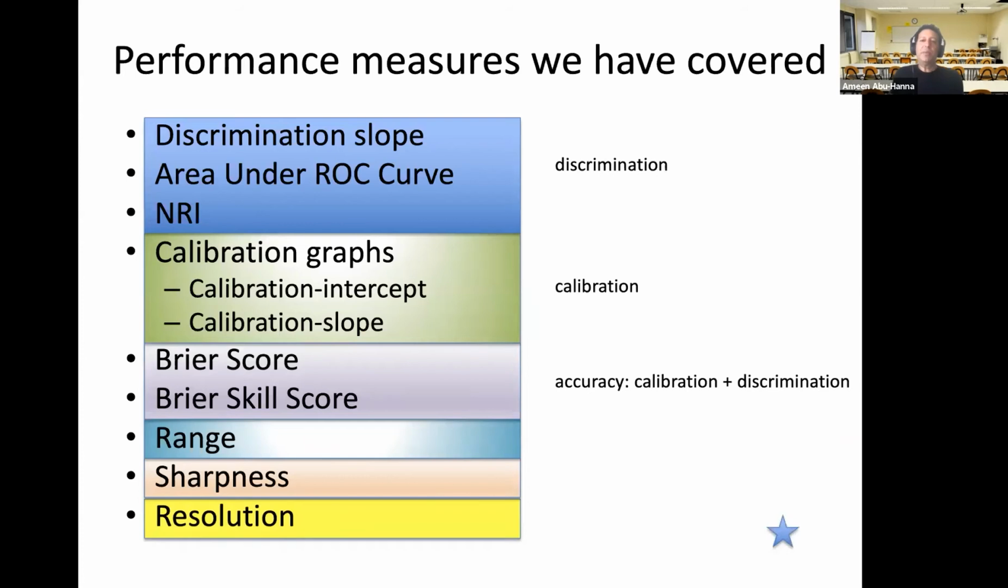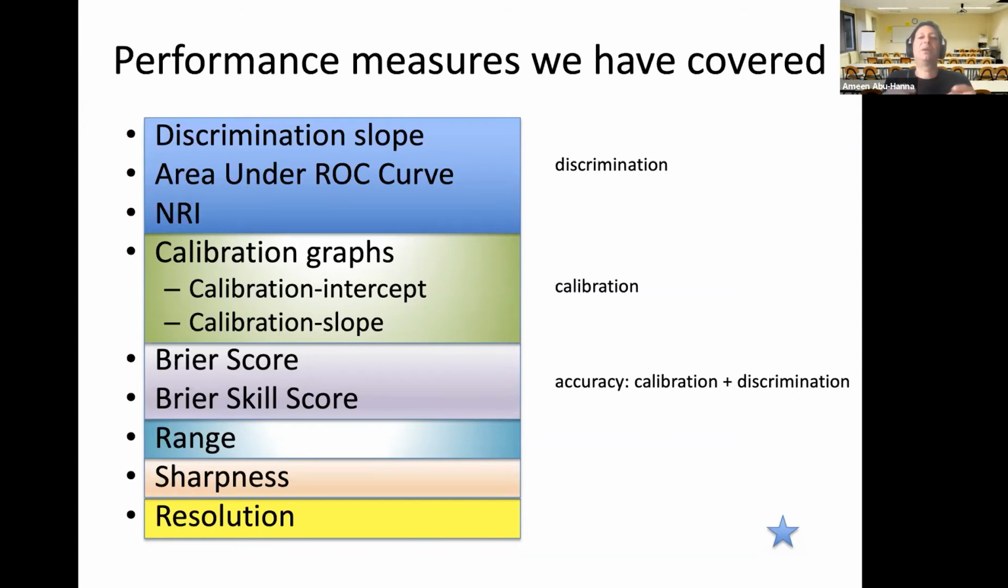Okay, so maybe it's a good moment to appreciate how much we have achieved up till now. We talked about discrimination, discrimination slope, the area under the curve, the net reclassification improvement. Those are the measured ability of the model to give higher probabilities of dying to those who died than those who lived.